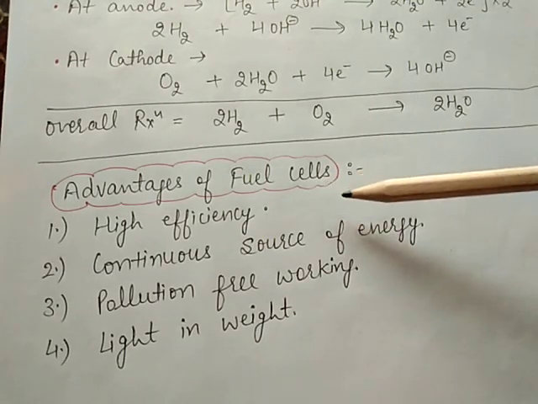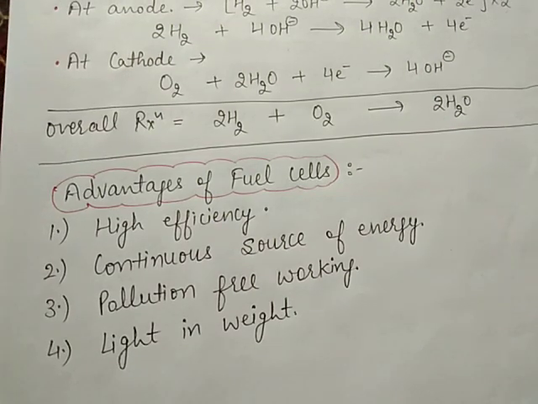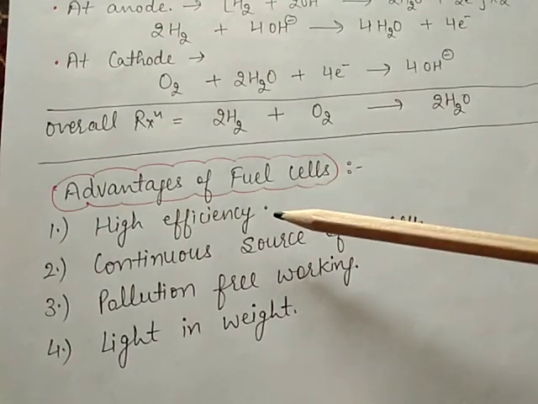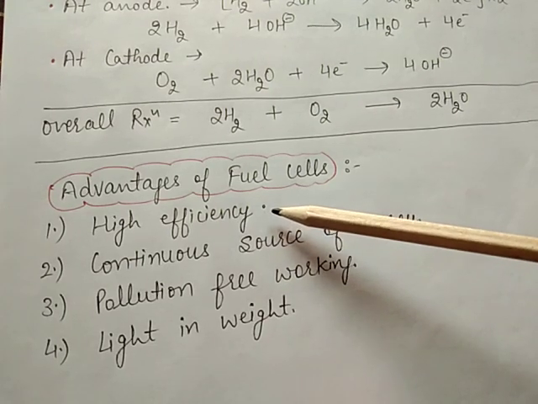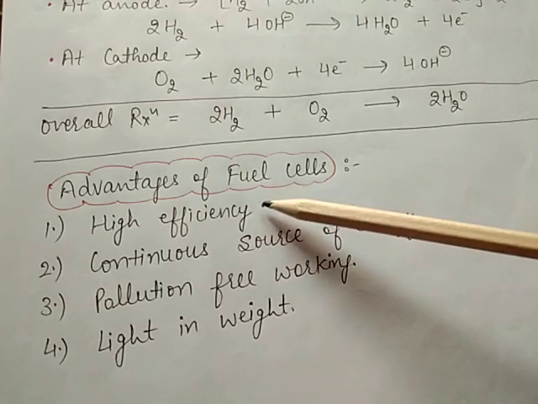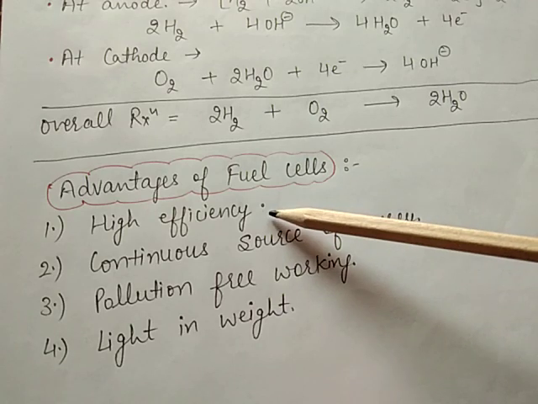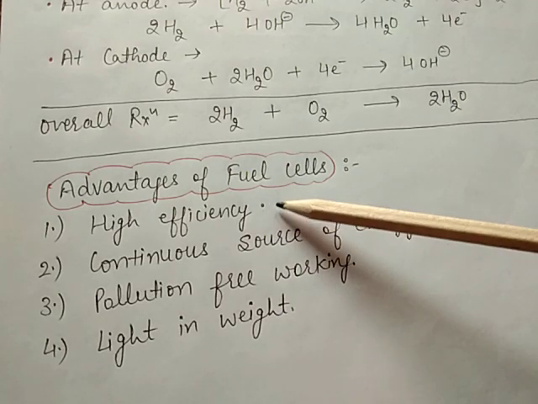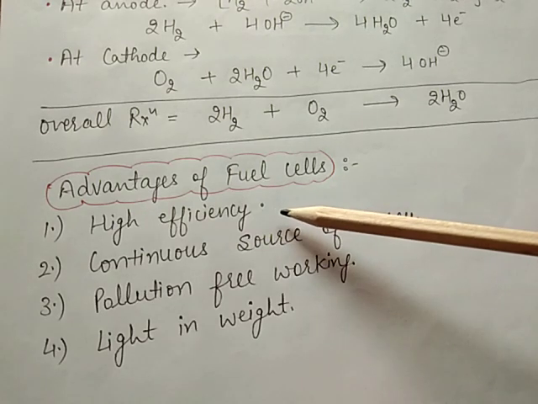Now, what are the advantages of fuel cells? First advantage, high efficiency. Fuel cells convert the energy of a fuel directly into electricity. So they are more efficient than the conventional method of generating electricity on a large scale by burning hydrogen and carbon fuels.